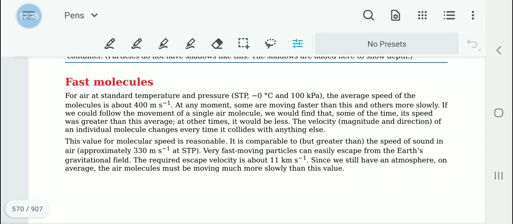So the average speed is about 400 meters per second. This suggests that some molecules move faster than this and others move at a rate slower than this.